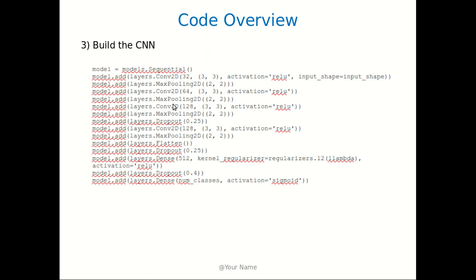I created several layers here. I was having an issue with overfitting, so I ended up including some dropout layers. I have 1, 2, 3 dropout layers, and that improved the model. Another test that I did was I tested out different levels of L2 regularization with different lambda values, and I found including the regularization helped.